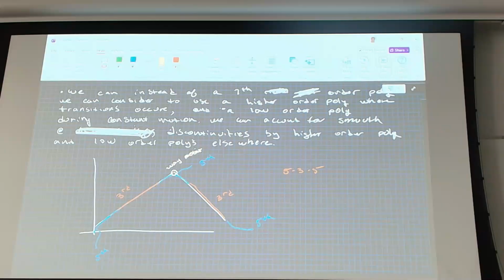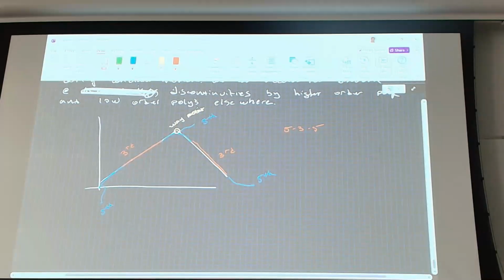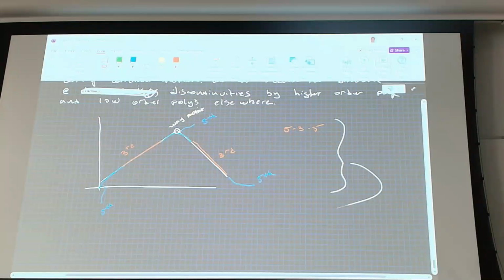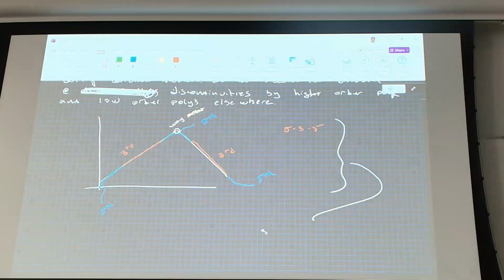This notion here is considered segmented trajectory profiles.